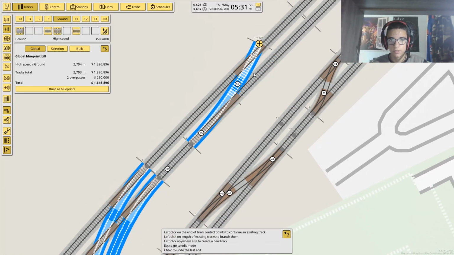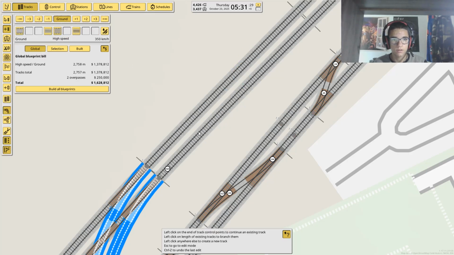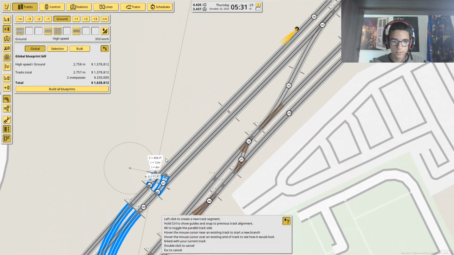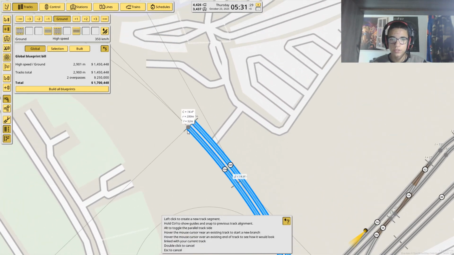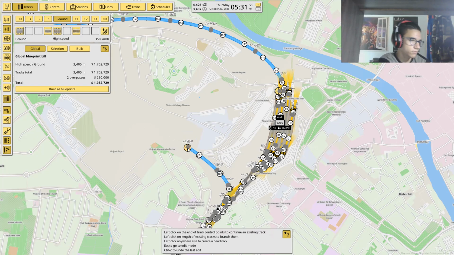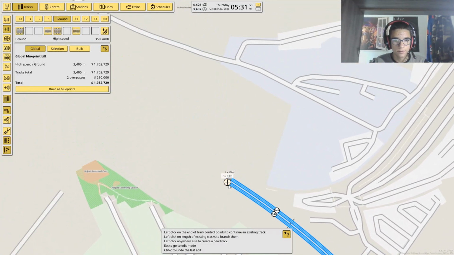Oops, wait, no, undo here. Oh yeah, it's 2-track, actually, I forgot what I said. So we need to go round. I don't know if it's 4-track or 2-track around York. It's also 2 tracks, and then until we join up at this point, this is going to be 4 tracks.